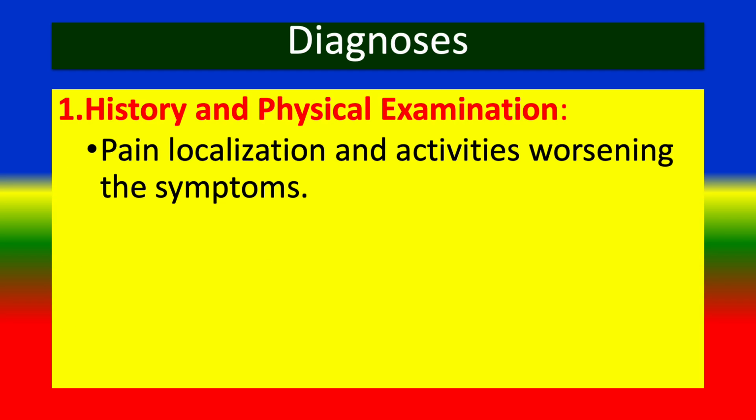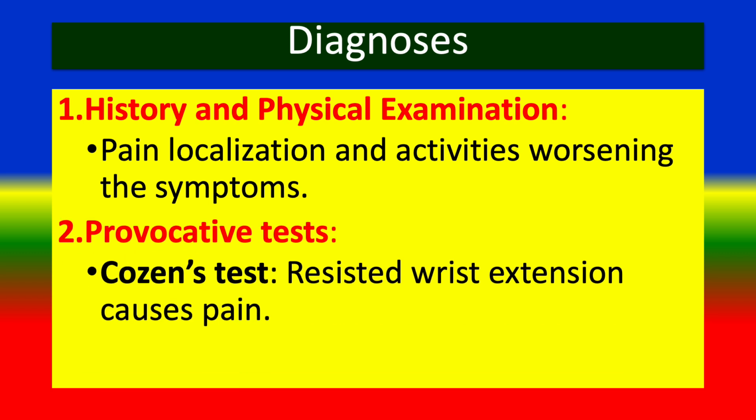Diagnosis. 1. History and physical examination: pain localization and activities worsening the symptoms. 2. Provocative tests. Cozen's test: resisted wrist extension causes pain.